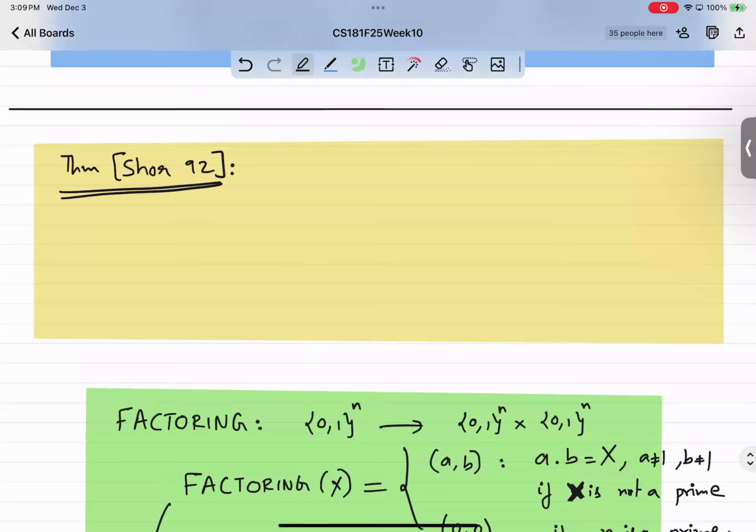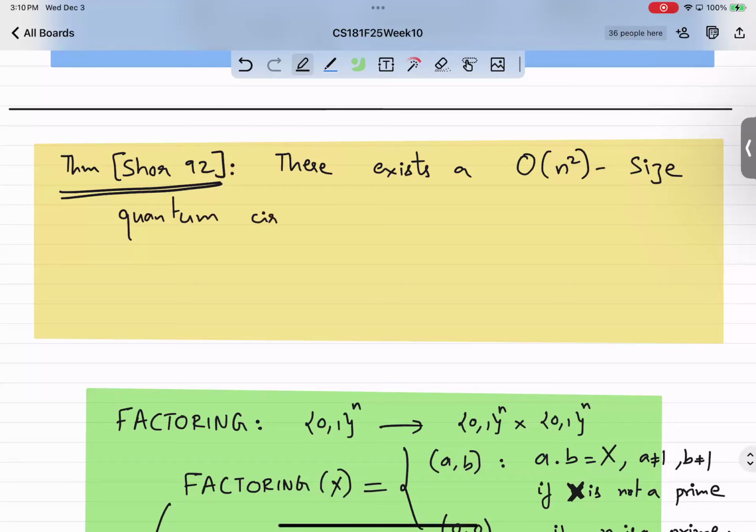Now, Shor in 1992 showed that there exists an O of n squared size quantum circuit to factor n bit numbers.